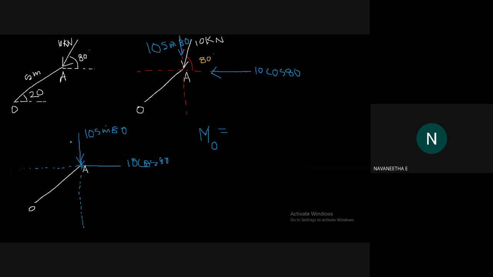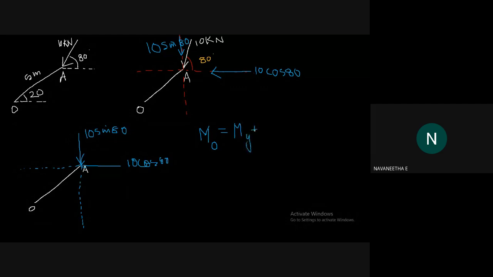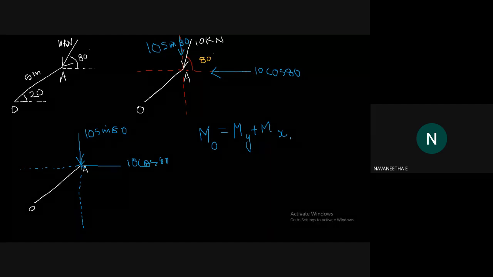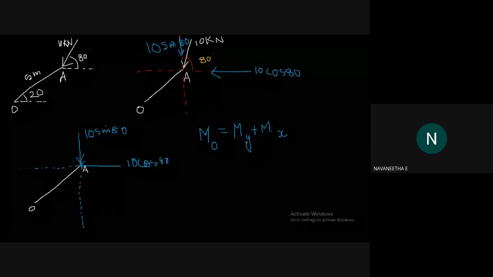So M is My plus Mx, where My is the moment about O caused by the y component of the force, and Mx is the moment caused by the x component of the force. So first of all I need to find out My.